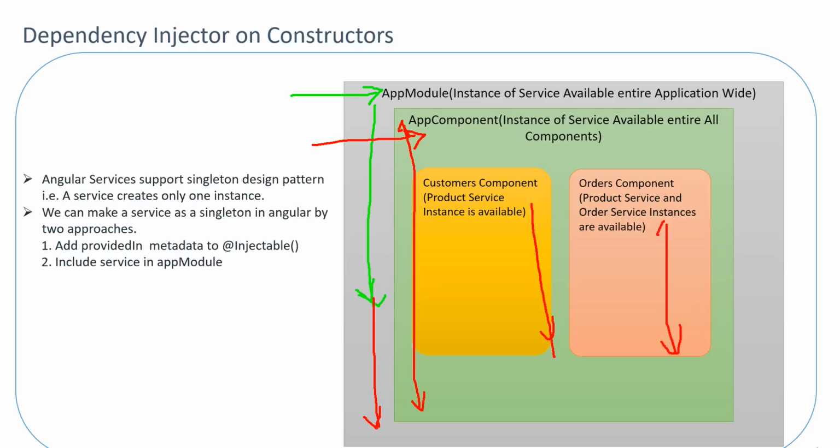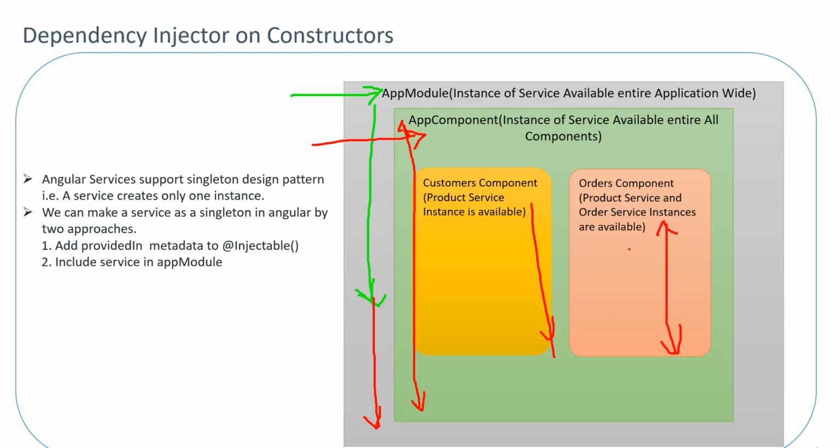If you provide that instance at the parent level, the same instance should be available in the child components also. This is called the singleton design pattern.